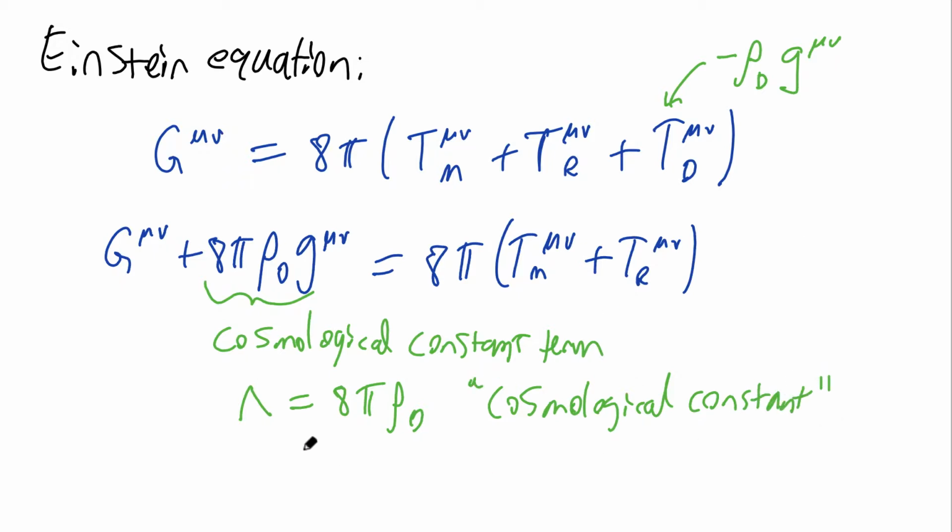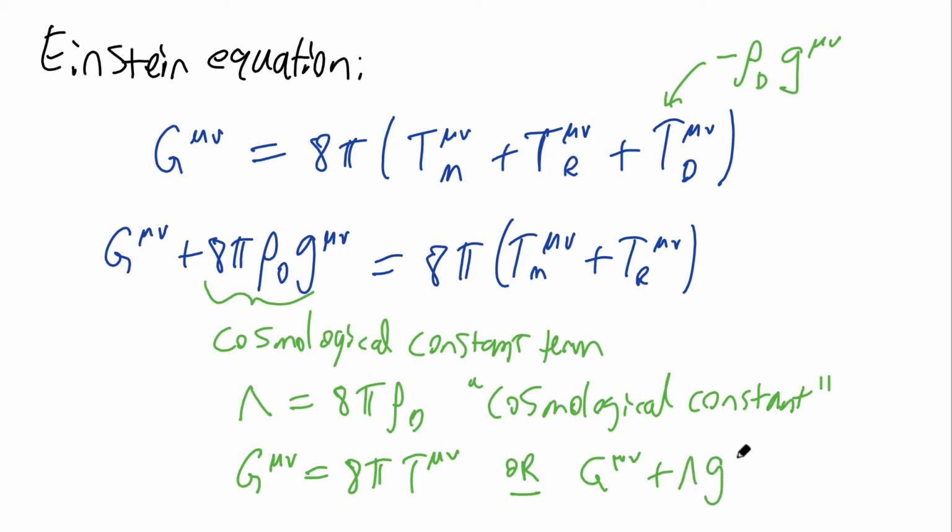This terminology goes back to the original development of general relativity by Einstein, and Einstein went back and forth on trying to decide whether the Einstein equation should be written as G mu nu equals 8 pi T mu nu, or G mu nu plus a constant called the cosmological constant times the metric equals 8 pi T mu nu.